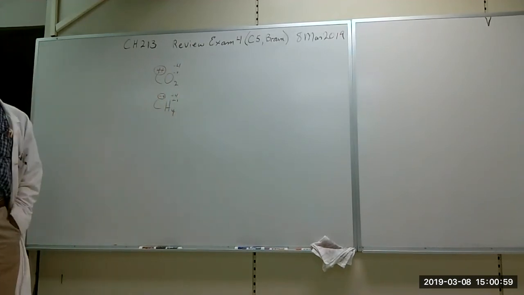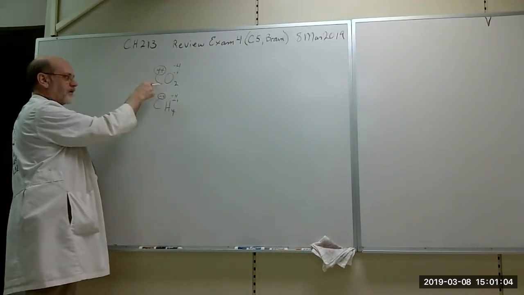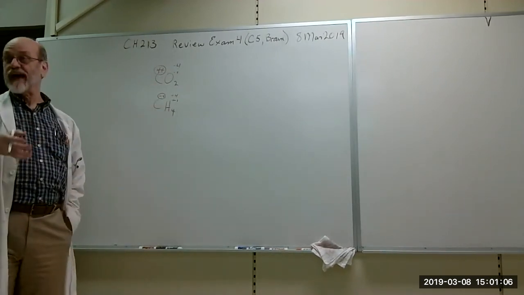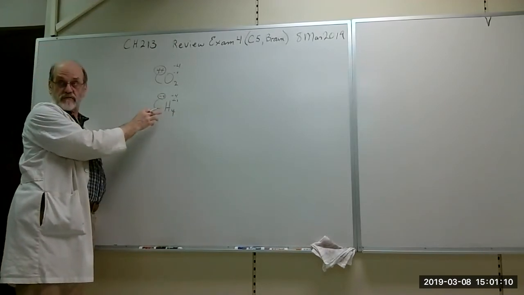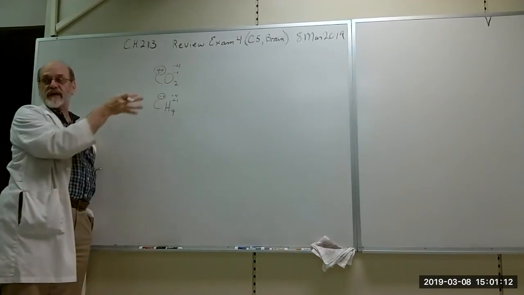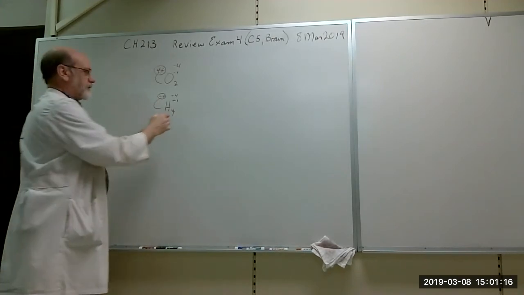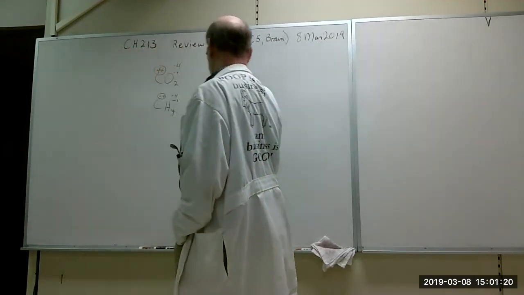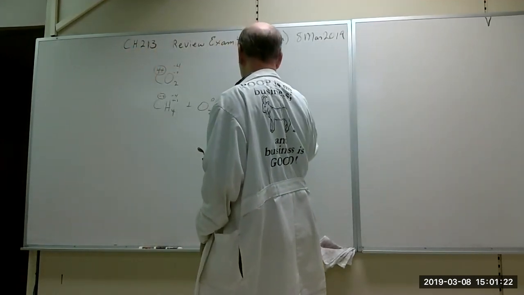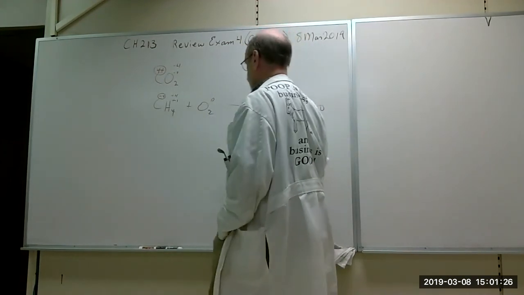So which way are the electrons going to flow? They're going to go from this one to make that one, right? This one's going to be oxidized. It's going to lose its electrons to something else. Because that one's a 0 oxidation state, and we're going to produce CO2 and water.